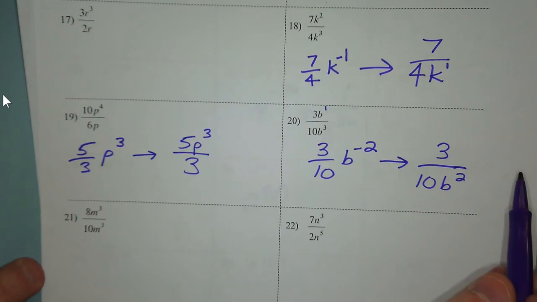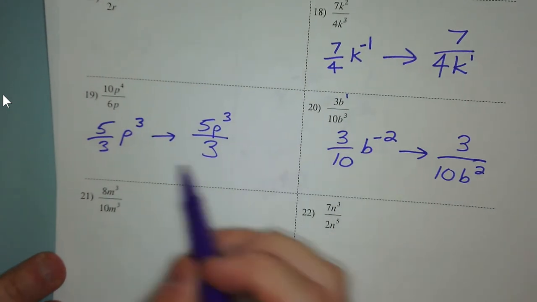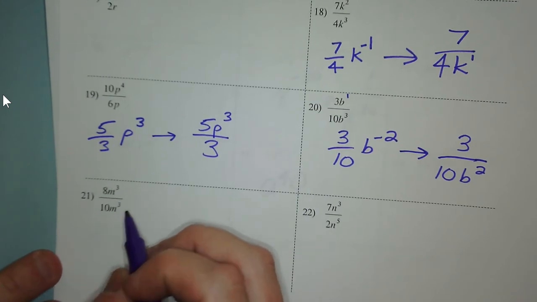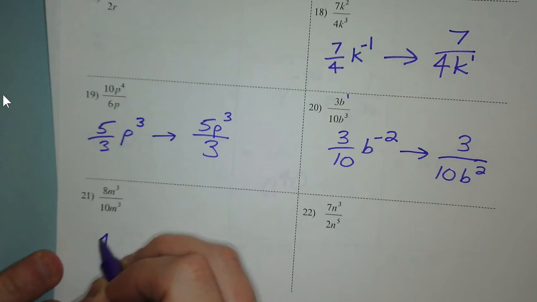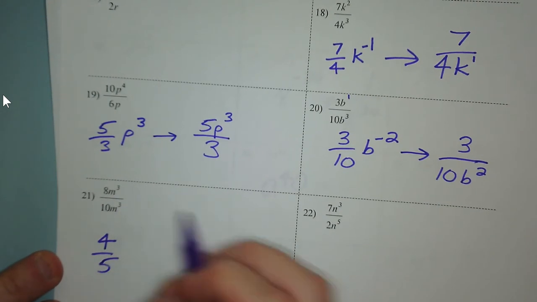Let's see. Number 21. 8 over 10 doesn't divide cleanly, but it at least reduces to 4/5. And then m to the third over m to the third.